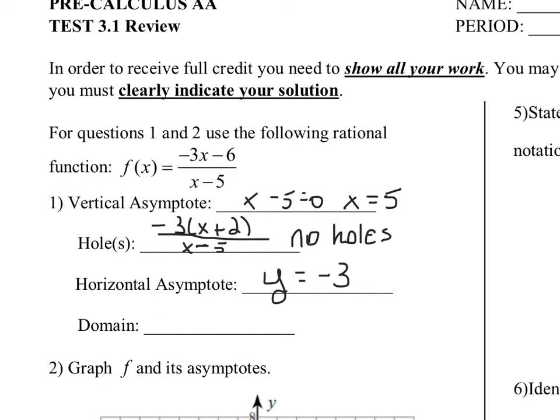The domain for my graph also comes from the denominator. So the domain is going to be all real numbers except whatever x value in the denominator makes the function undefined. So I'm going to solve for x. So again, I'm going to look at my asymptote. Here my asymptote is x equals 5.